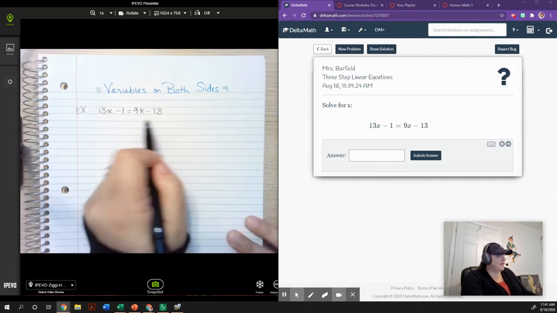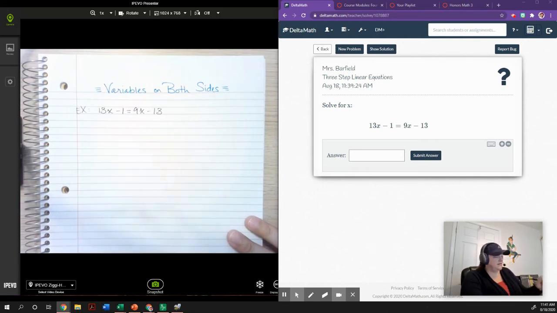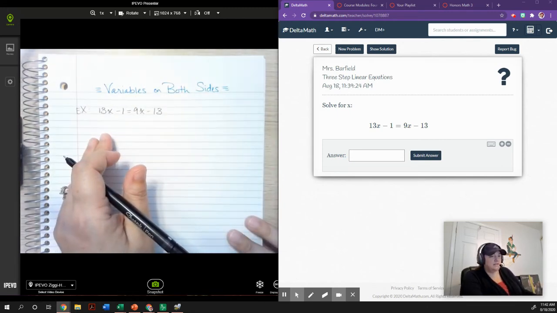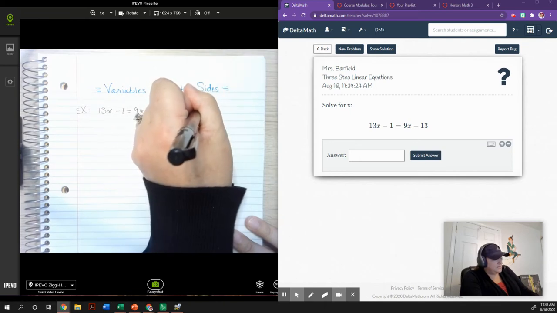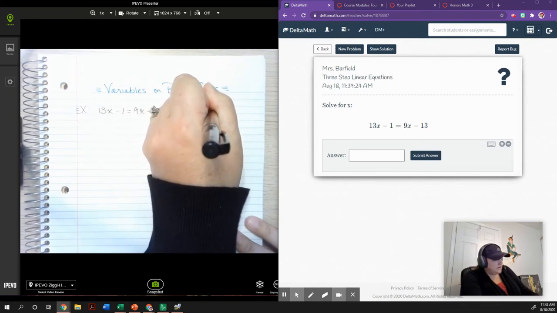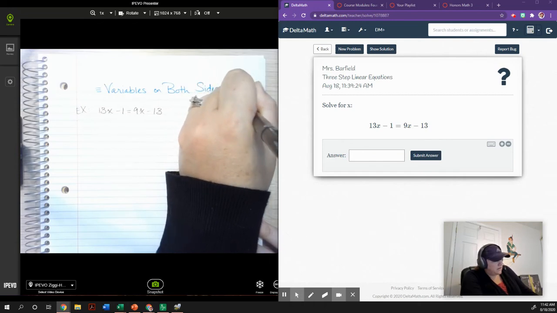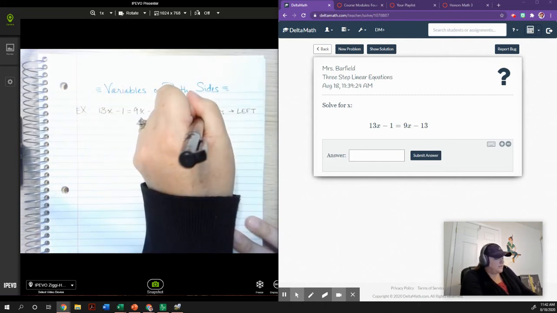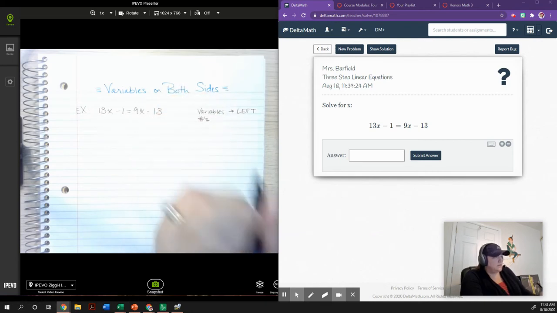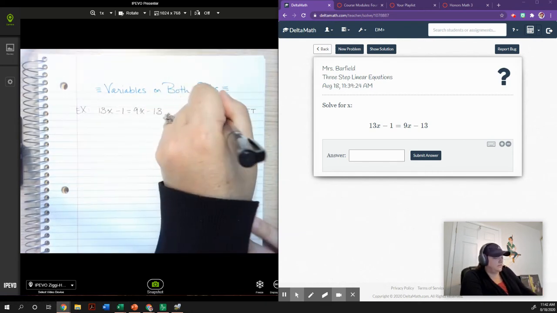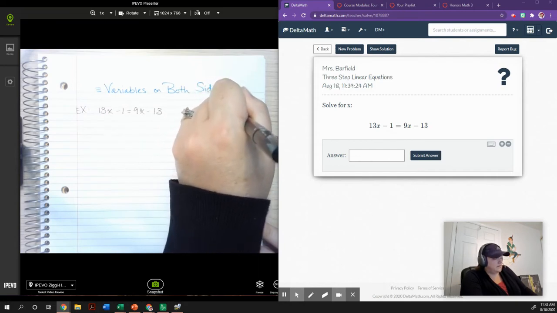All right, when I have variables on both sides, I like to have, when the problem is all said and done, my variables on the left, and then my numbers on the right. I know that's a hashtag, but that's a number symbol if you didn't know.